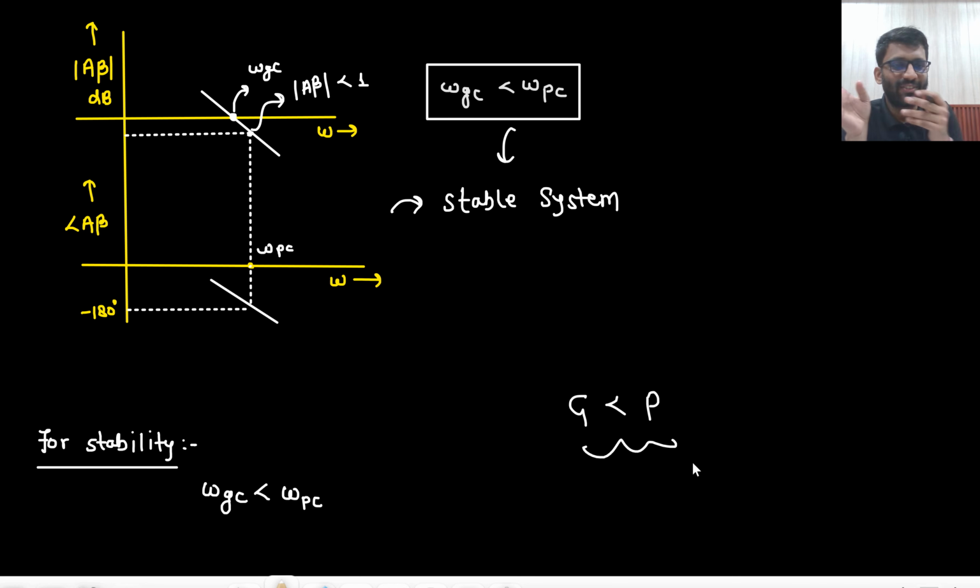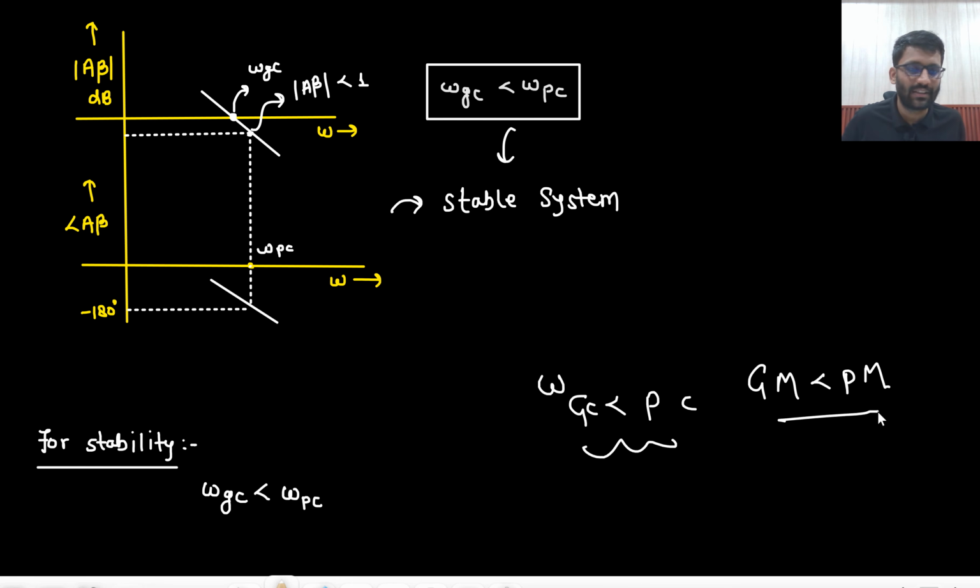G comes first, no? A, B, C, D, E, F, G. So G is less than P, then if you are following the rule of nature, then you are stable. In that manner you can remember, but do not remember it as gain margin and phase margin. Omega gc and omega pc. What is gain margin and phase margin? We will study about it. No need to worry. But just remember that G is less than P, so you have remembered that omega gc should be less than omega pc.